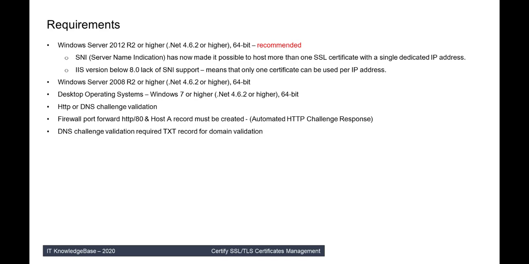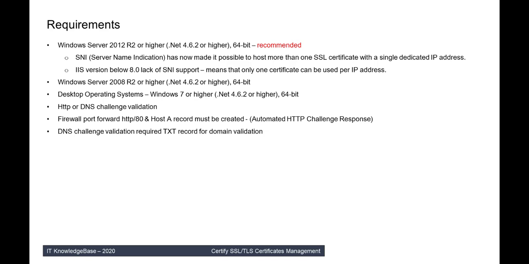HTTP-01 requires validation over HTTP and you have to enable port 80 from your firewall. And the second one is DNS-01, which requires validation via DNS after creating a TXT record in your public DNS manager. Wildcard domain certificate can only be requested using DNS validation. We will cover both challenge validations in our upcoming demo lab.